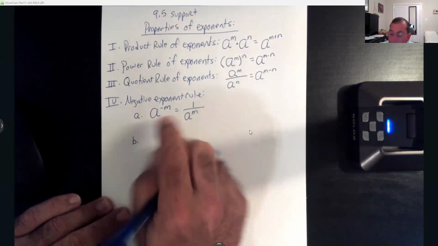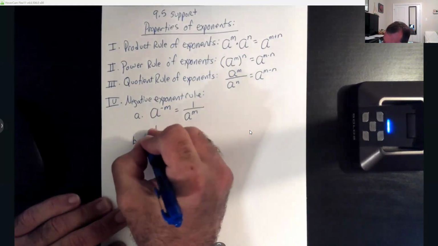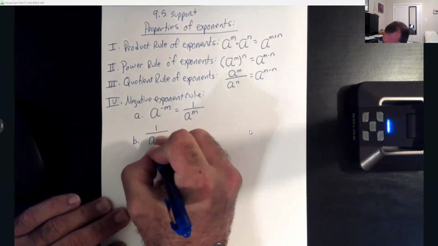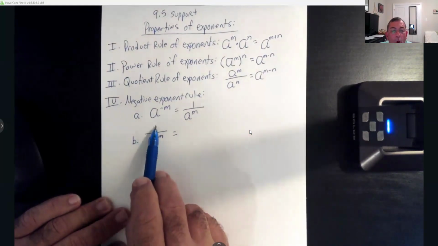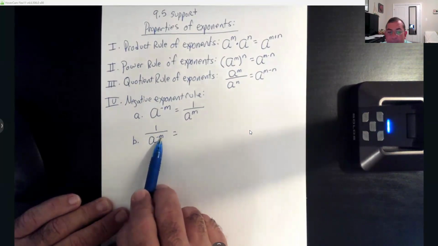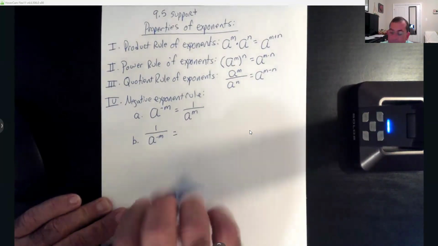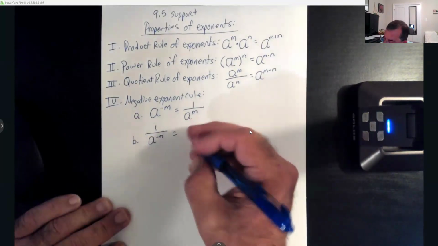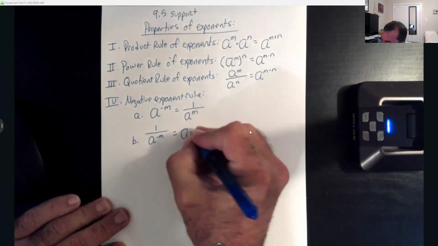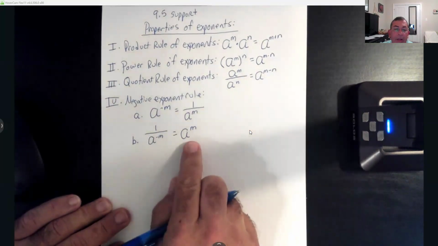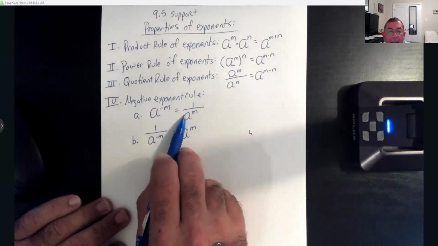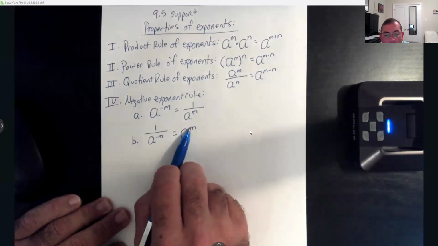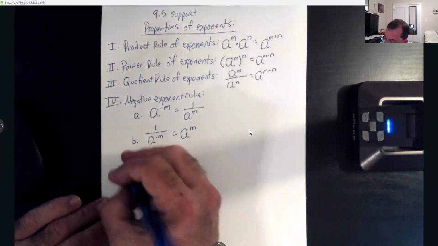Now, it could start out on the bottom and be a negative exponent. So if you got 1 over something to a negative exponent, to make this exponent positive, you would basically flip it and make this the a to the positive m. So y'all basically, you move exponents down or up to make them positive.